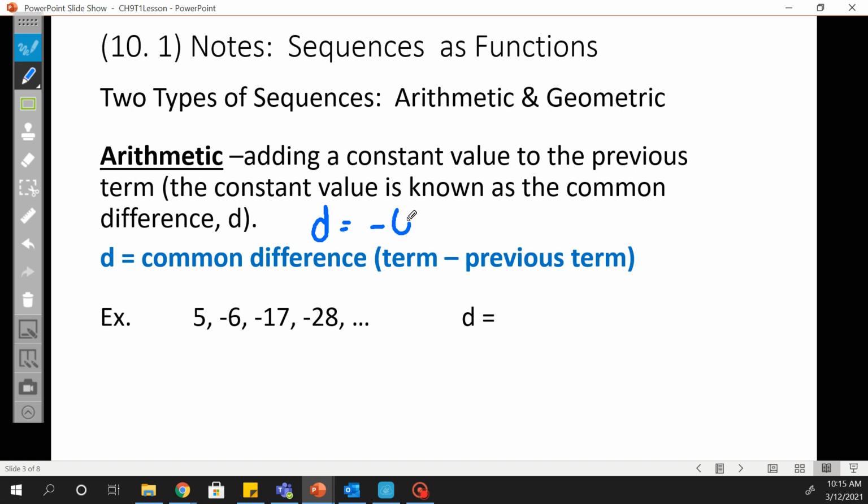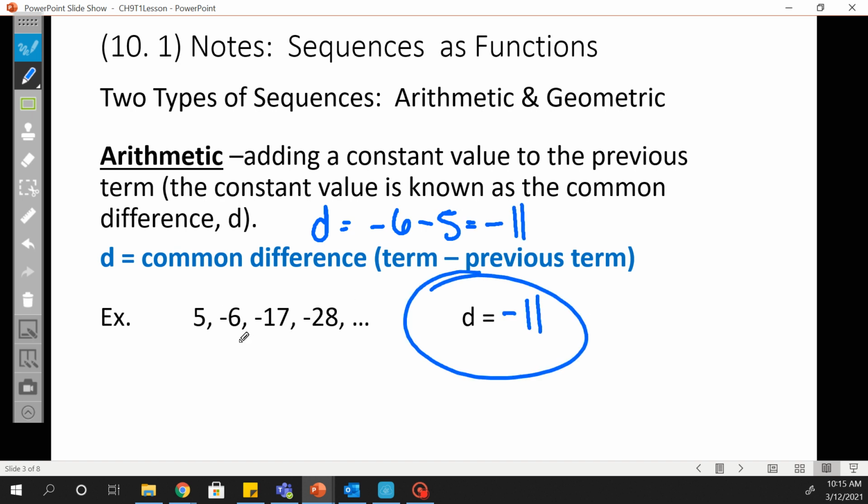I'm going to take -6, and I'm going to subtract the previous term, 5. And we get -11. So the difference in this sequence is -11. You have to add -11 to move from one term to the next, or to generate the next term. 5 plus -11 is -6, -6 plus -11 is -17, and so on.